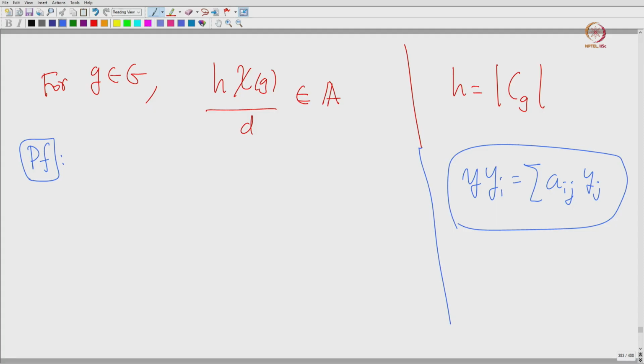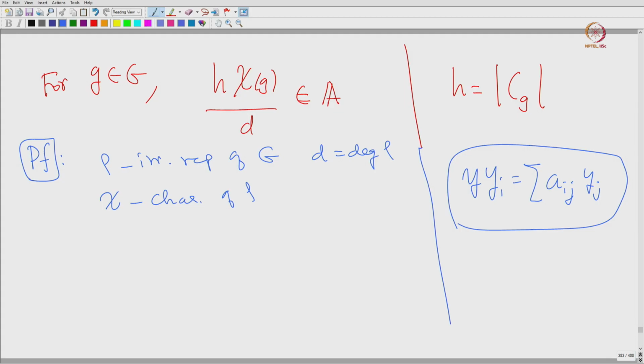As before, we are going to fix this irreducible representation rho of G, where d is the degree of the representation and chi is the character of rho.